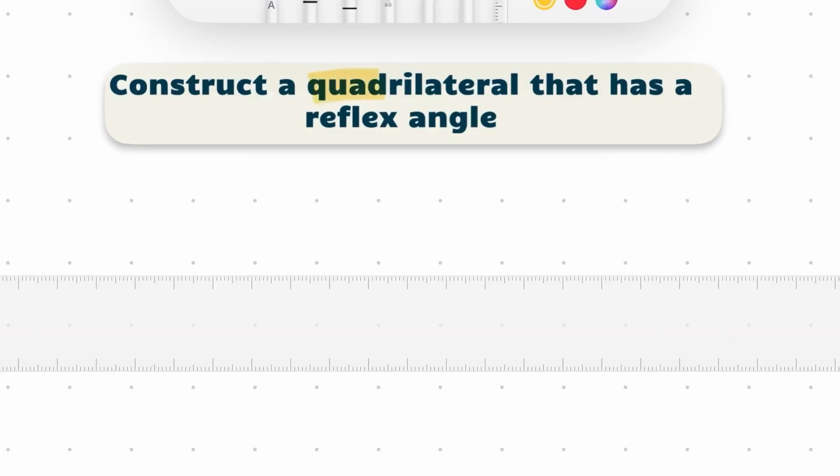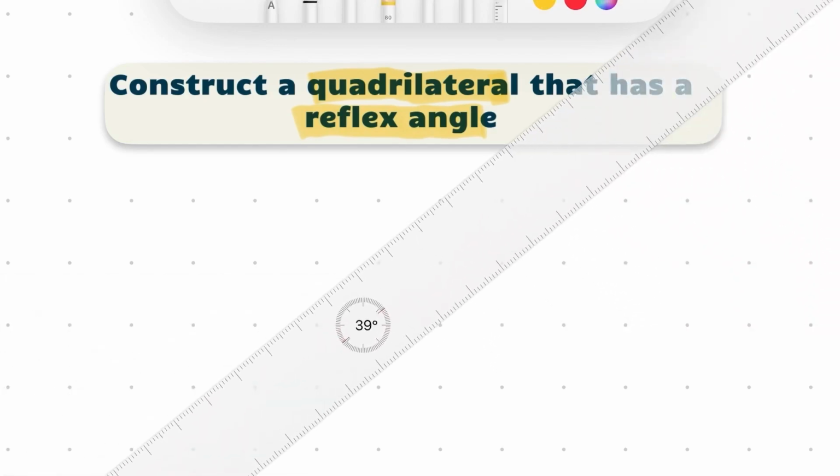So remember that a quadrilateral has 4 sides, and the reflex angle is between 180 and 360 degrees. So how can we construct this? Well, there are actually multiple constructions that work, and I'll show you one of them.